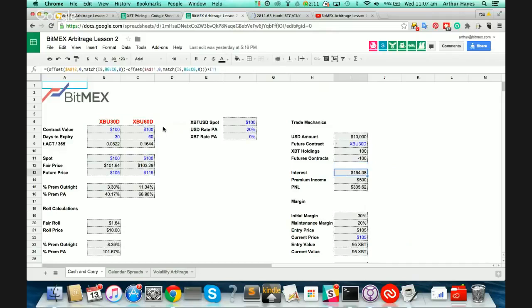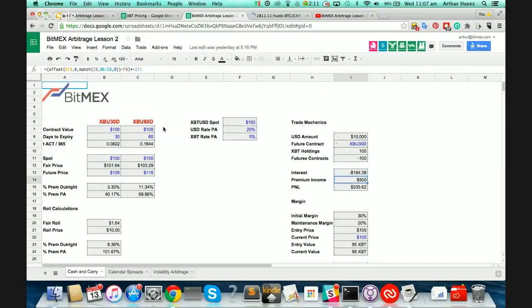Now here we're going to compute the different costs and income that you're going to receive from this arbitrage strategy. First, you have your interest income. And this is basically just looking at the difference between the fair price and spot price. That difference is a cost to you because you're borrowing US dollars. So this is how much you're going to spend in terms of interest for 30 days.